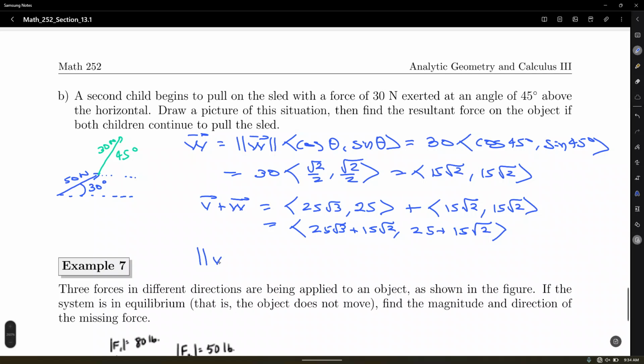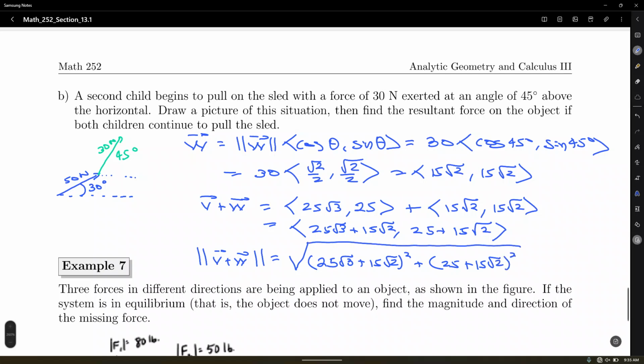That is the magnitude of the vector we just found, which is the square root of 25 root 3 plus 15 root 2, squared, plus 25 plus 15 root 2, all squared. I'm not going to square the binomials; I'm just going to give you the result. This is 79.36 newtons, combining the two forces together.